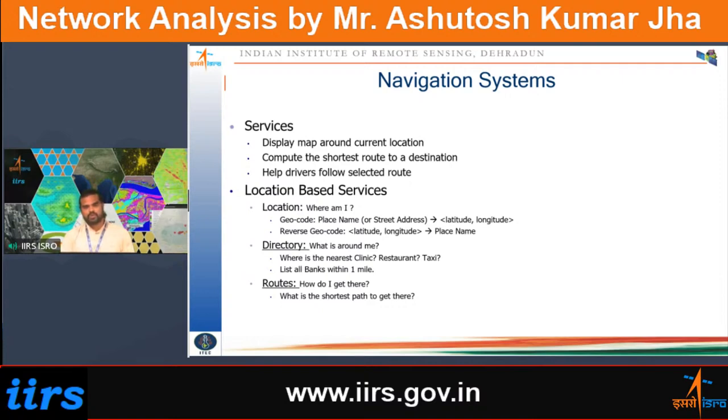Then there are also a few services like getting the shortest distance between two locations. We want to find that out, and we are also interested in finding a few routes. These are services where we provide two points, a starting point and an endpoint, and based on that we get detailed routes.